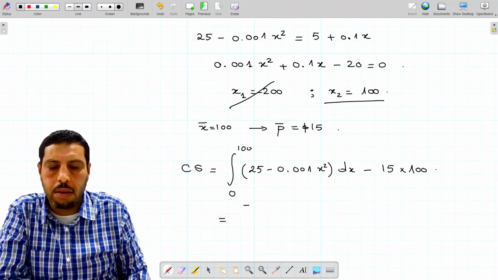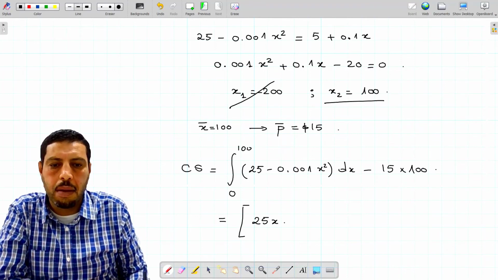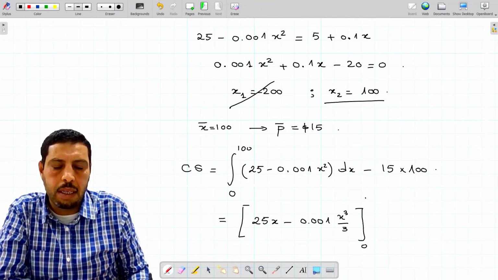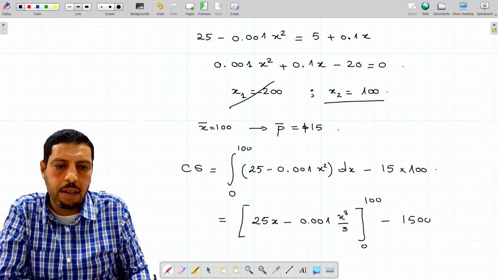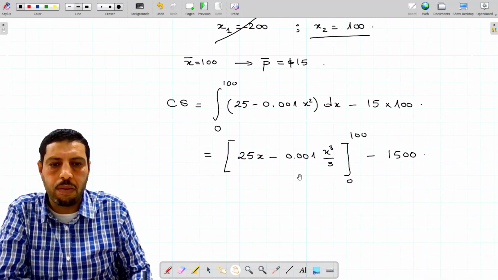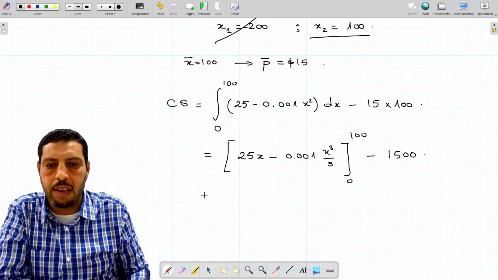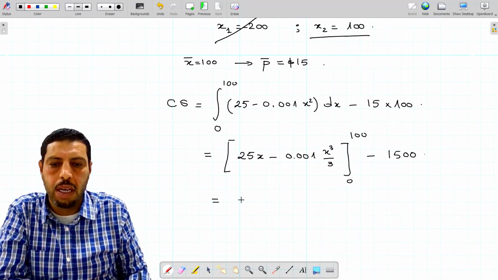Of course, it's a polynomial function, so nothing difficult. 25x minus 0.001 x cubed over 3 taken between 0 and 100, minus 1,500. You compute this quantity, you subtract 1,500, and you will find that it's equal to 666.67, which is an approximation, dollars.